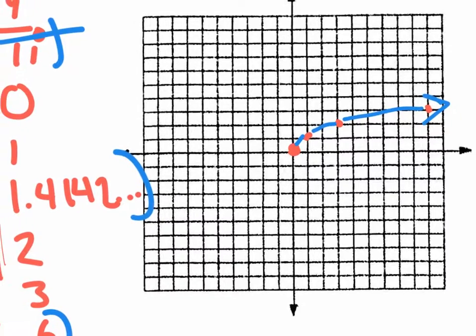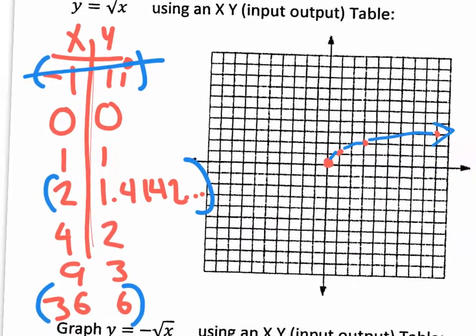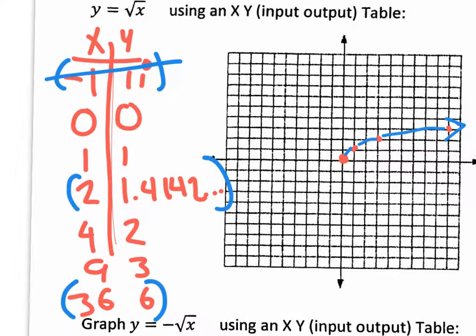Hopefully you guys are following along here. Now, even if I would have graphed this ugly irrational number, the square root of 2, 1.4142, so 2 and 1.4, that still lands on it. 1, 2, and then 1.4 is about right there. It still lands on the curve.